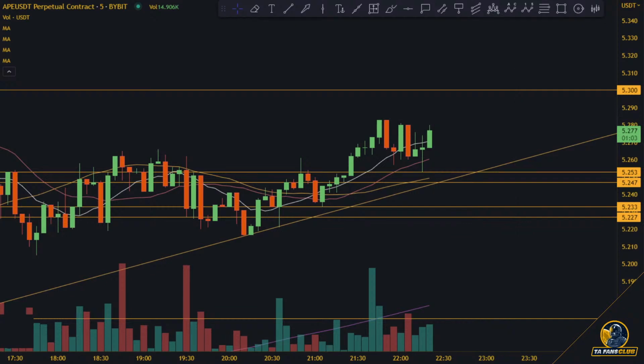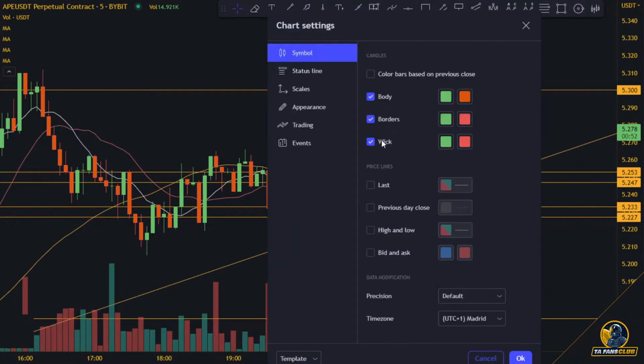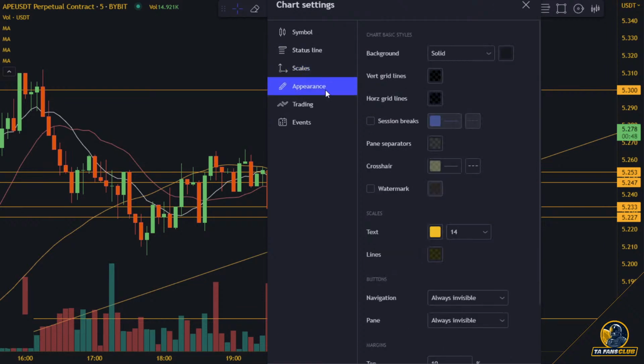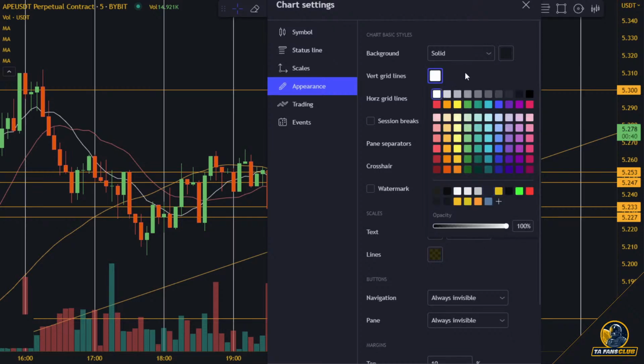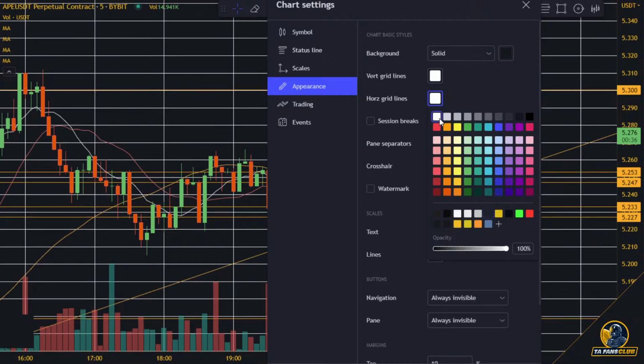I'm trading with TradingView too. Yours just looks different to mine. Yeah, I changed it a little bit, the color. Remove the noise. The first thing you have to do is go to settings and go to scale appearance. These vertical lines, these stupid lines that everybody has on the screen, you gotta remove that.